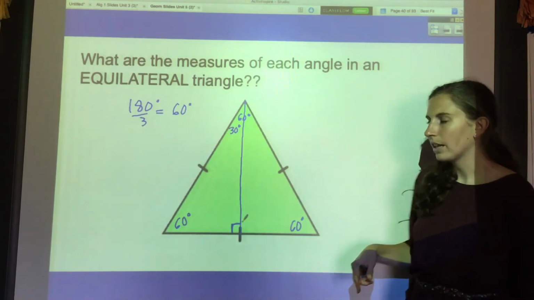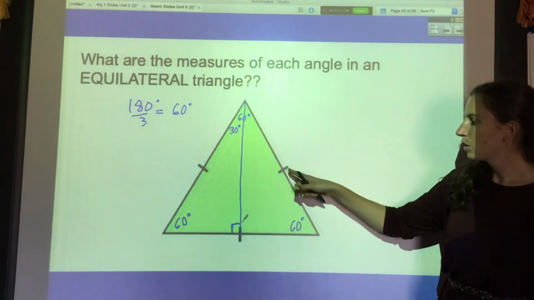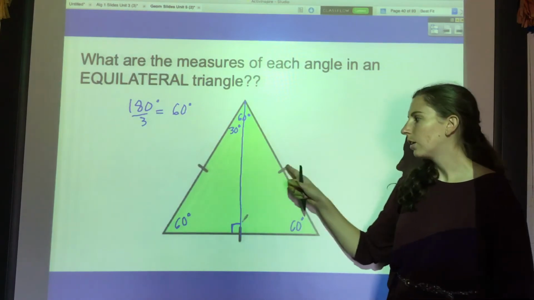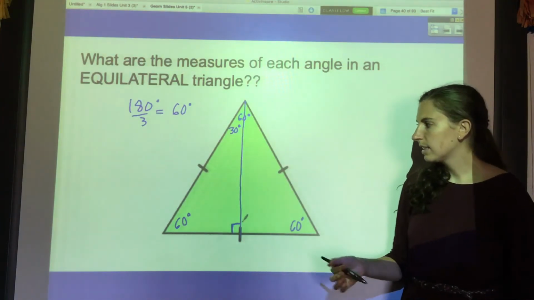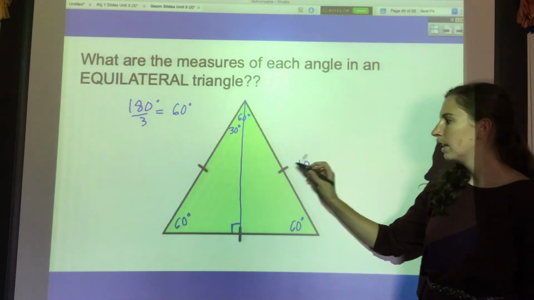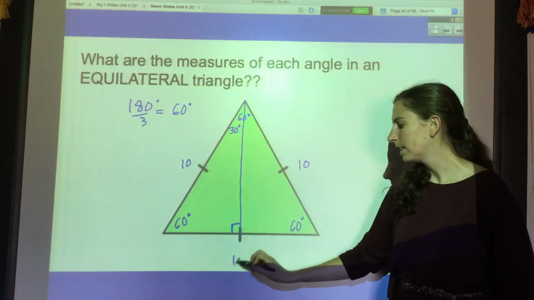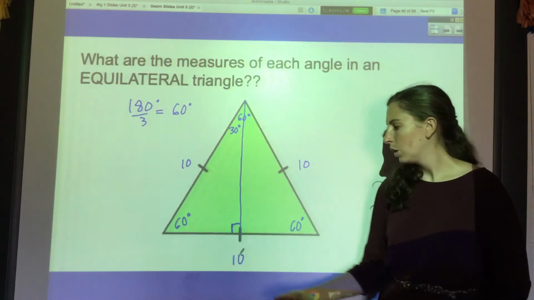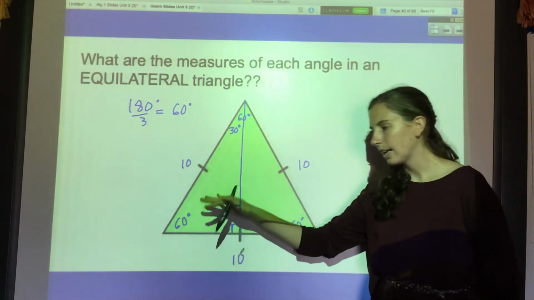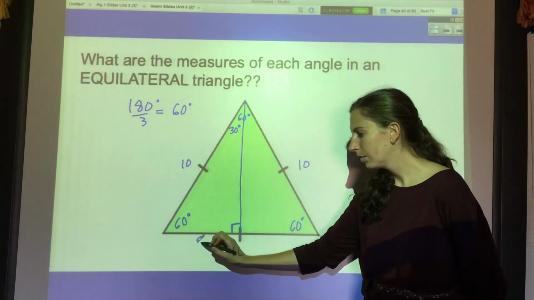And let's think about these side lengths. So remember, this was an equilateral triangle. All of these were the same. So like, let's say this was 10 and 10 and 10. What would just this little section be? Well, since it was completely cut in half, it would be 5.